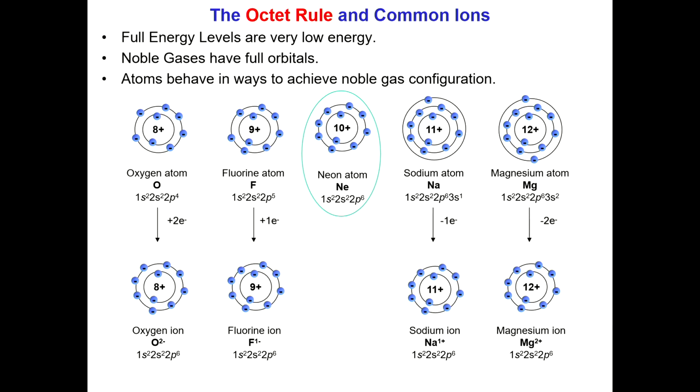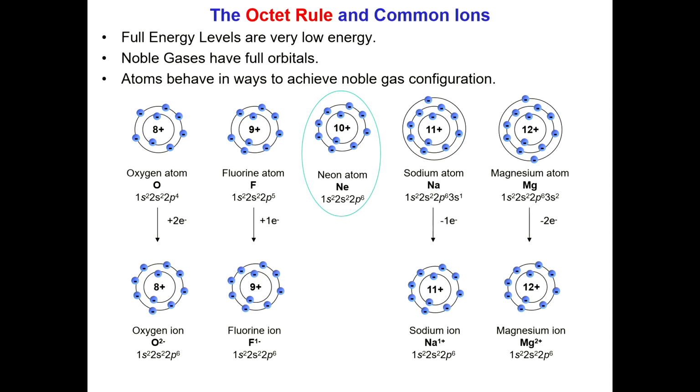Neutral fluorine is not stable, it's very active, and it can react with other elements and get 1 electron from another atom to form ions. This is for nonmetals, right? But for the metals, we can say for sodium, it has 3s1.